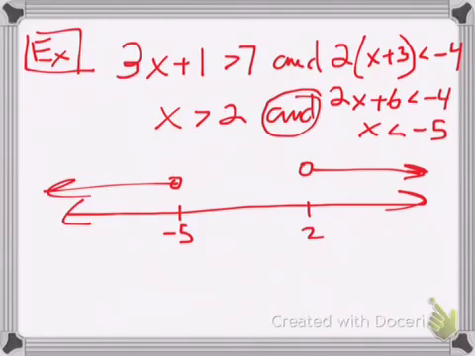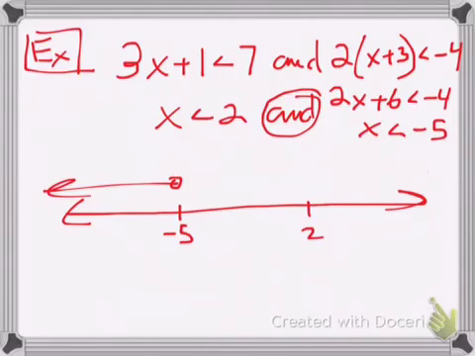Okay, now let me show you something here that's another little caveat of this problem. Look what happens when we just change this symbol. If you wanted to rewrite this as another example, the example is x is less than 2 and x is less than negative 5. The graph's going to look very different.